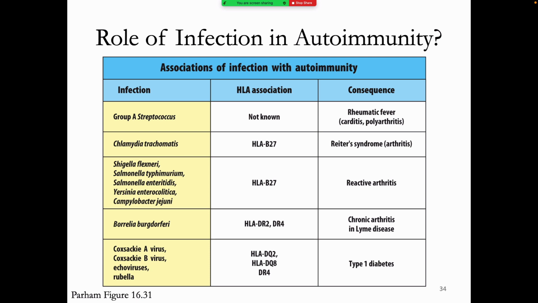There's usually a situation where you have to have the particular type of microbe and a particular HLA type. These associations are really hard to make because usually what happens is you might have the infection. I'm making this up.